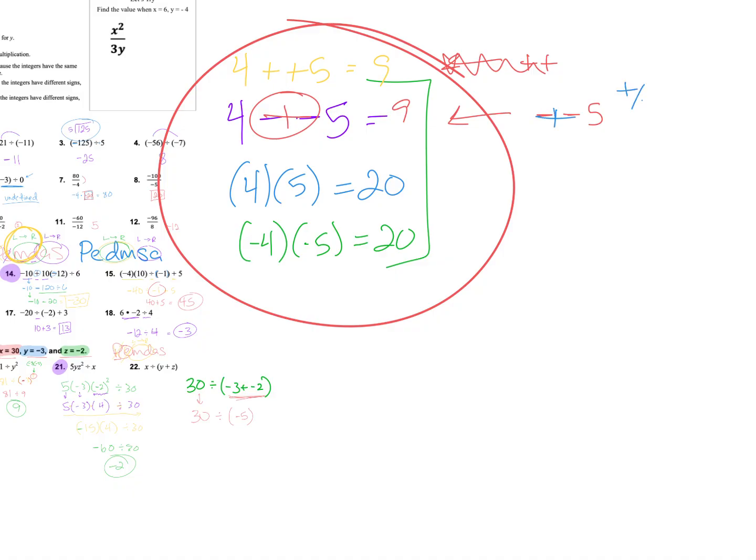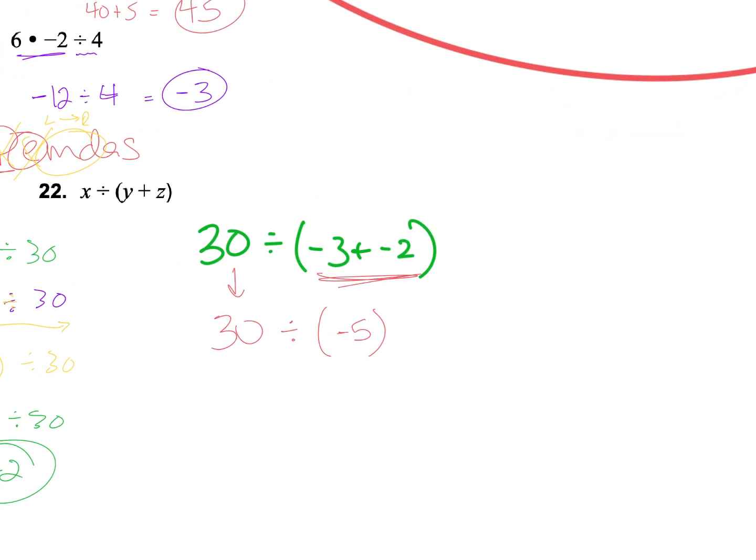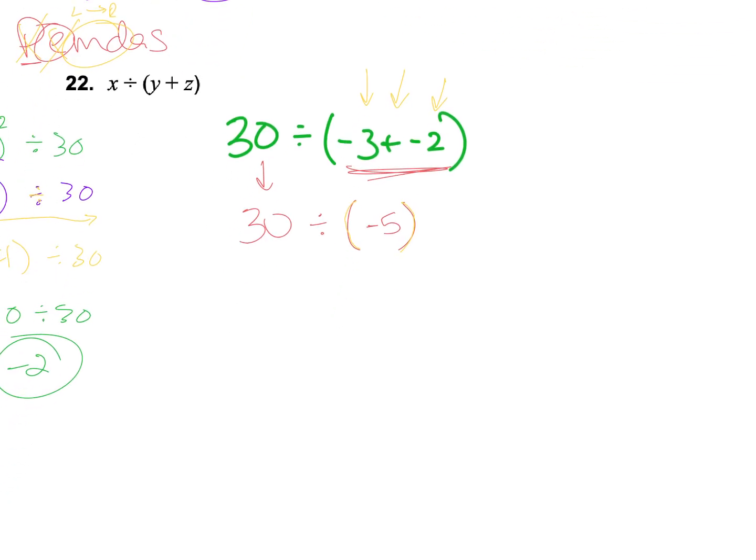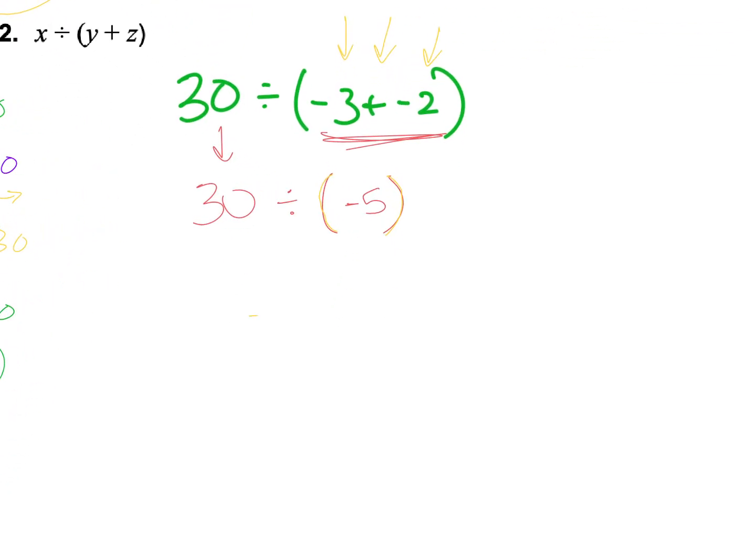So yes, this one is addition and subtraction. But then these two are multiplication or division, right? So, okay, back down here. This is, I've received 3 insults, and then you were going to give me 2 more insults. Cool, I've gotten 5 insults. All right. 30 divided by negative 5 is negative 6.